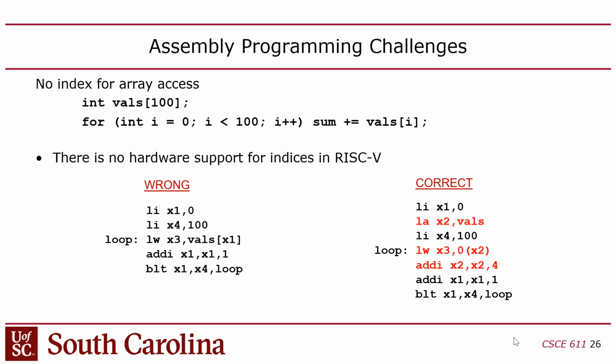So you have a similar problem here where you have to initialize this loop iterator, and then you have to check to see if you want to continue with the loop, and if you don't, you have to jump out and exit the loop.